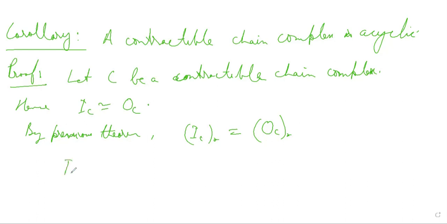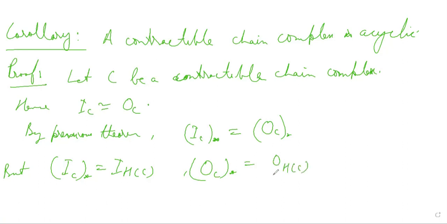But the homomorphism induced by the identity chain map is the identity homomorphism, and the one induced by the zero map is the trivial homomorphism.